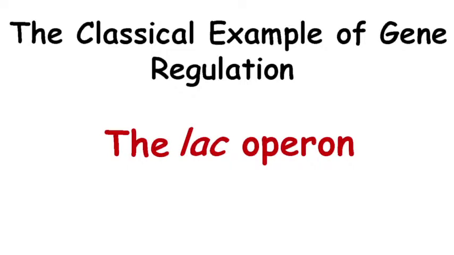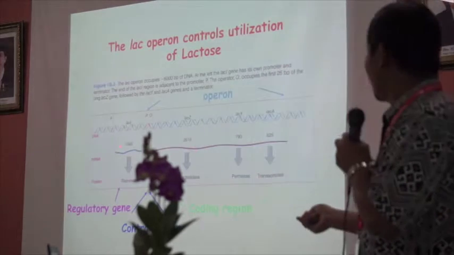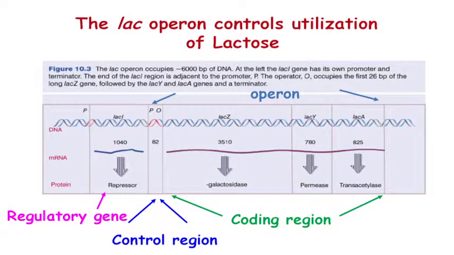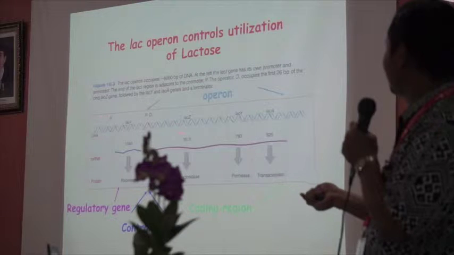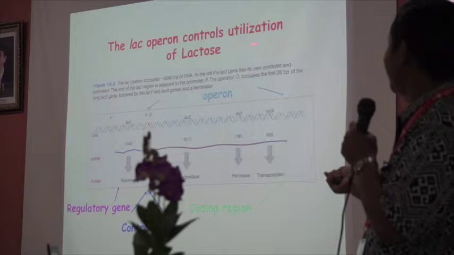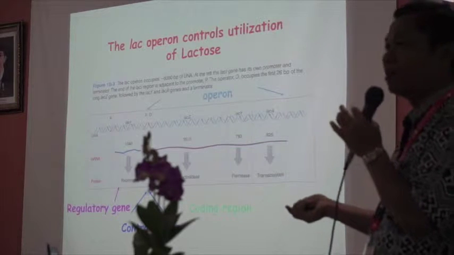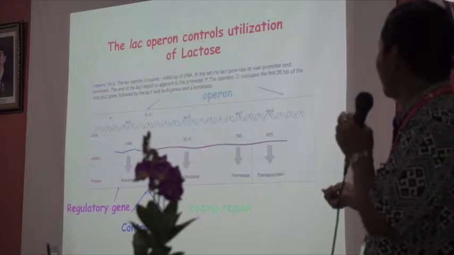In the E. coli chromosome there is a piece of DNA that has already been characterized, encoding the lacI gene, lacZ gene, lacY, and lacA. These genes correspond to the utilization of lactose, a kind of carbon source.